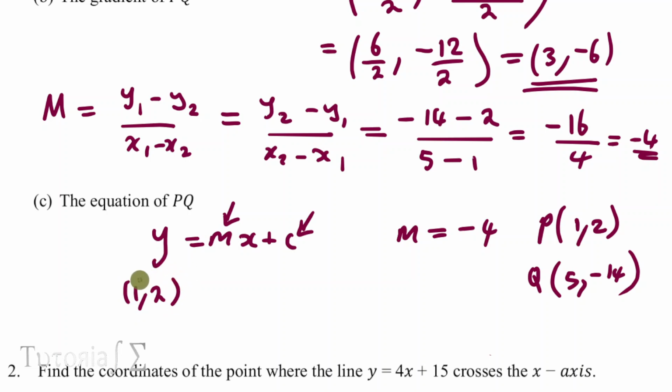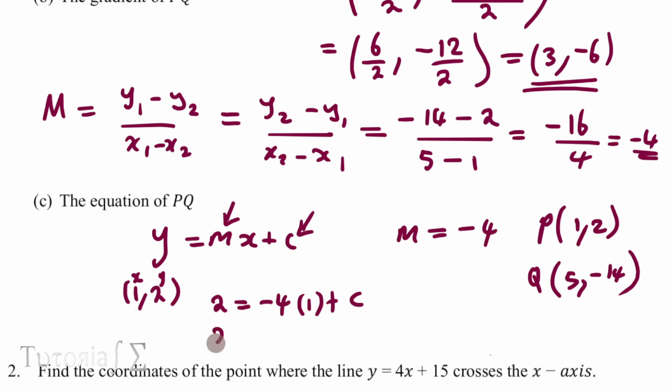Now what you do is, this is representing x and this is representing y. So you replace back in this formula. Our y is 2, so 2 would be equal to, our m is negative 4, so we put negative 4 here. Our x is 1, so we put 1 here, plus the c, that is what we're looking for.